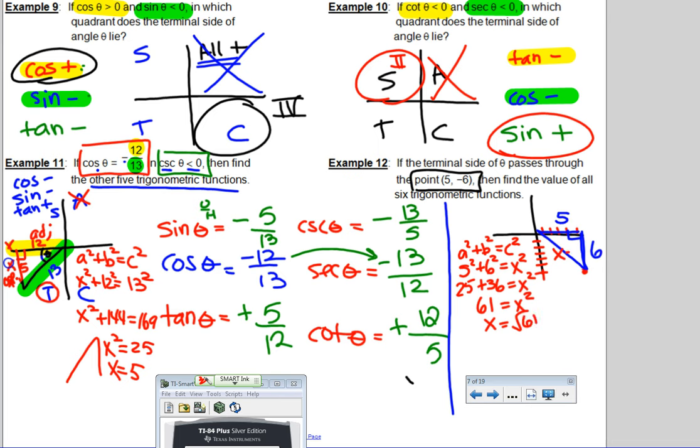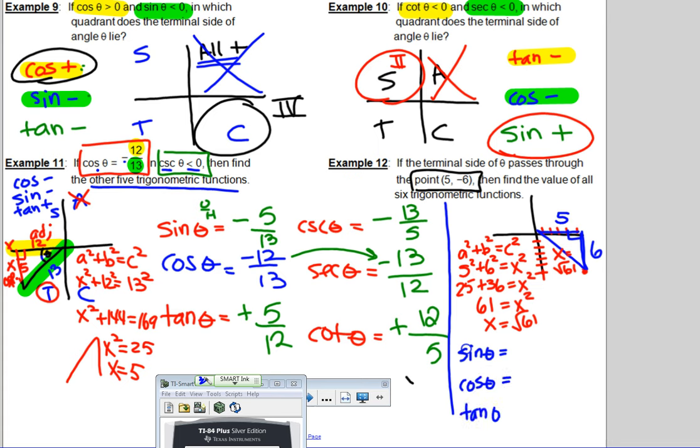I know it's ugly, but you have to. You can't round. It won't be the exact answer. So lastly now, we have to find our 6 trig values. Sine, cosine, and tangent. And sine goes with cosecant. Cosine goes with secant. And tangent goes with cotangent.